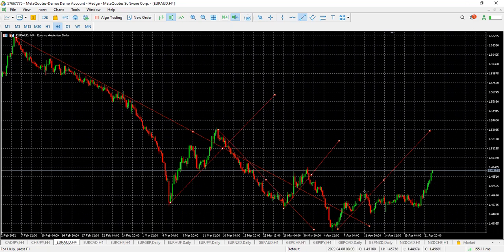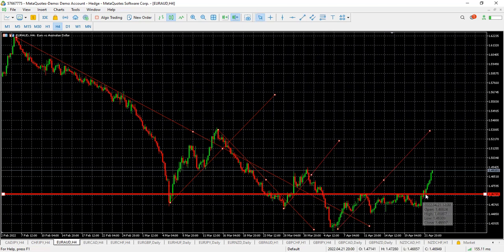This zone is a ranging market, but the range was broken from this point. It broke out here and gave a continuation. So currently, I want to teach us how to break out of a trend.